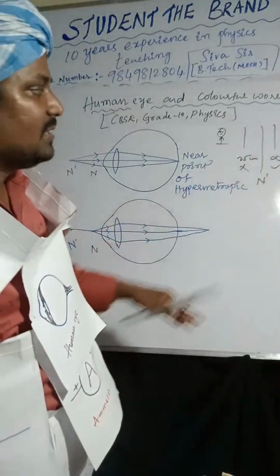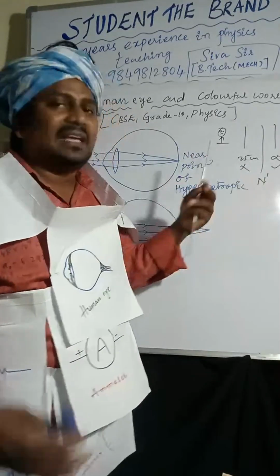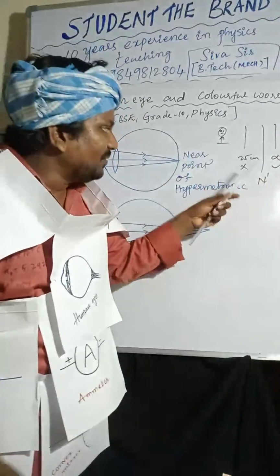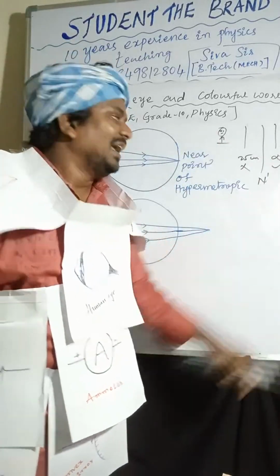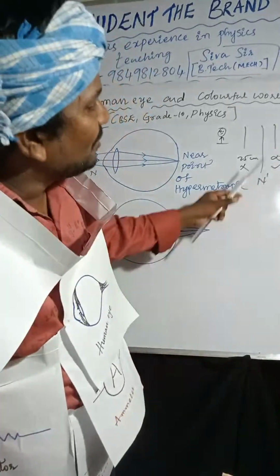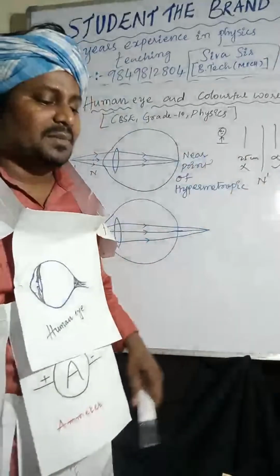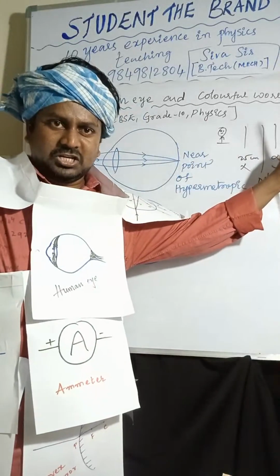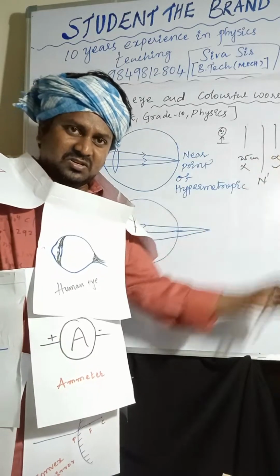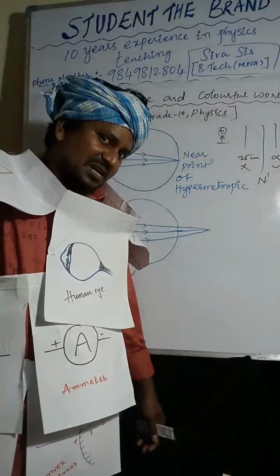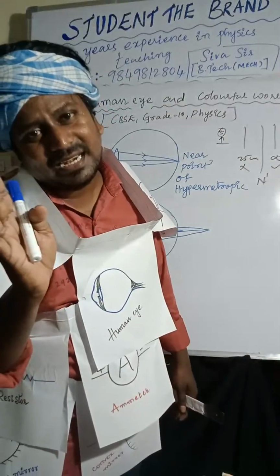If the light rays are coming from infinity, you can see. Light rays coming from n dash you can also see. But if the light rays are coming from 25 centimeter, those will not meet at the retina.